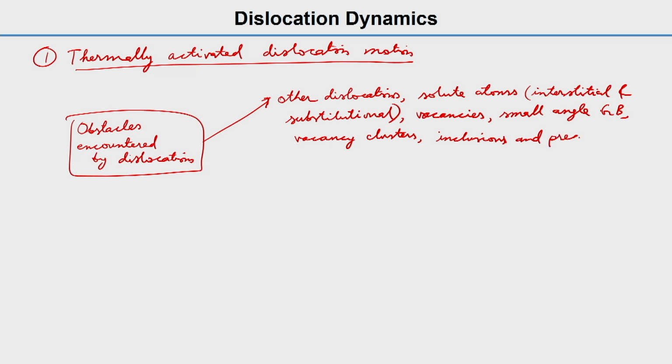These are 3-dimensional defects, which we have discussed earlier. Other dislocations are 1-dimensional defects; solute atoms, vacancies, grain boundaries, vacancy clusters, inclusions, precipitates, they are all defects. But there is another one which we did not discuss earlier.